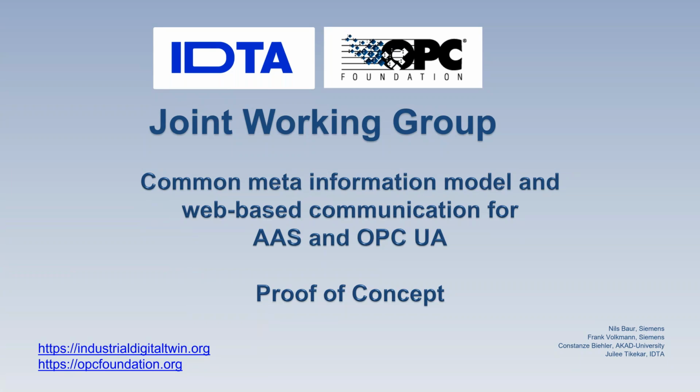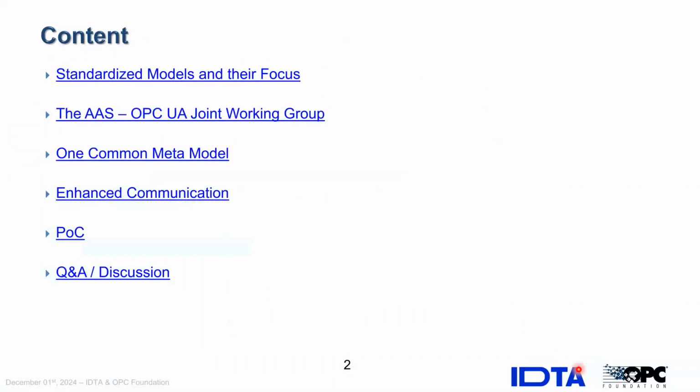What we want to do today is show you the part of the standardized model and the focus of the models of the AAS and OPC UA on one side, and then I will shortly introduce the joint working groups that we built between the two organizations.